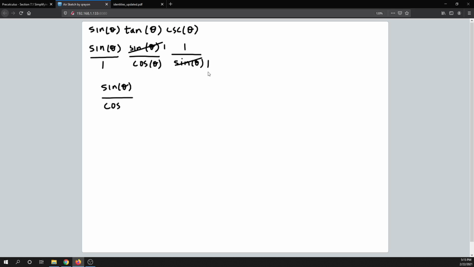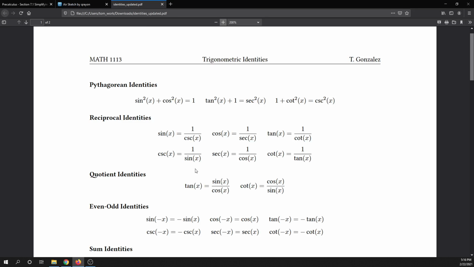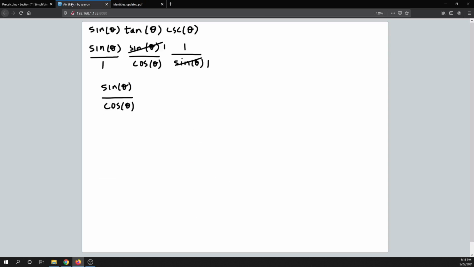So these fractions multiplied together come out to be sine theta over cosine theta. Looking at that, we can see that's one of these quotient identities. That's the same as tan theta, so I can write this more simply as tan theta, like so.